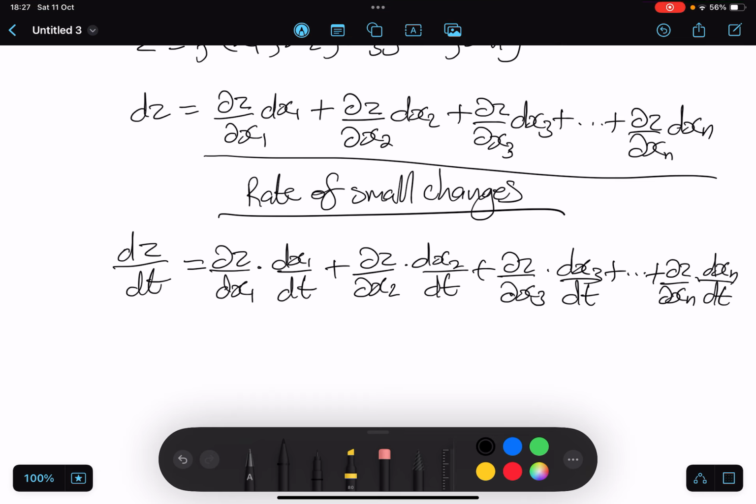This is the general formula for the rate of small changes.